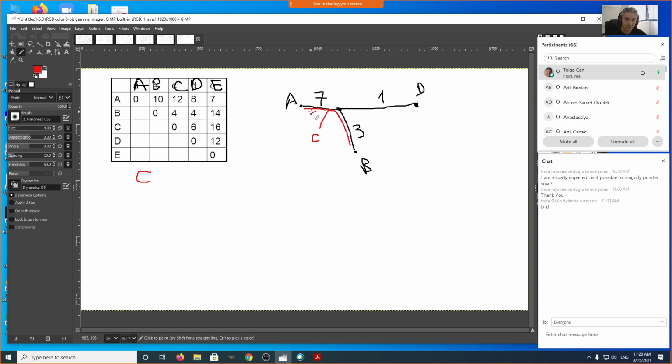But let's just have these equations again. I'm going to label them like this. X plus Z is equal to the distance between A and C, which is 12. X plus Y is equal to 10, the distance between A and B, and Y plus Z is the distance between B and C, which is 4.